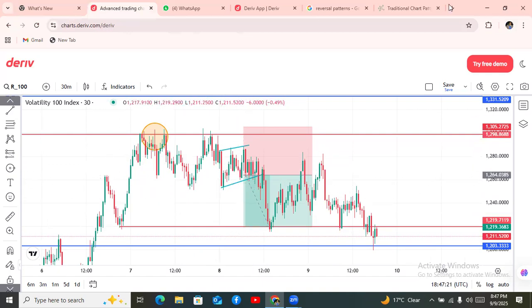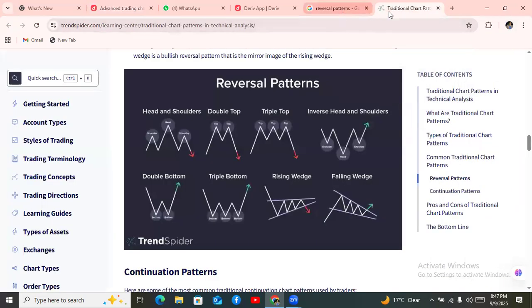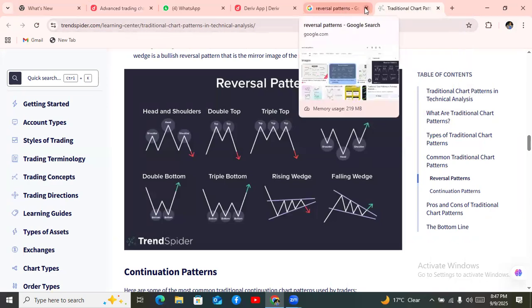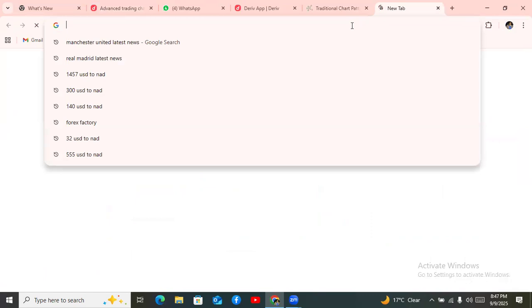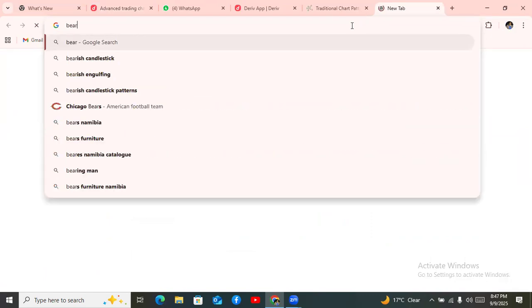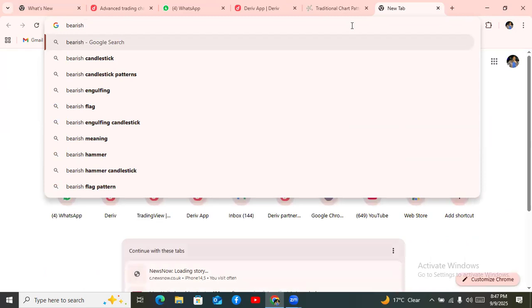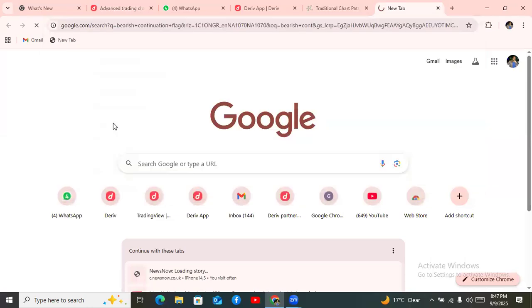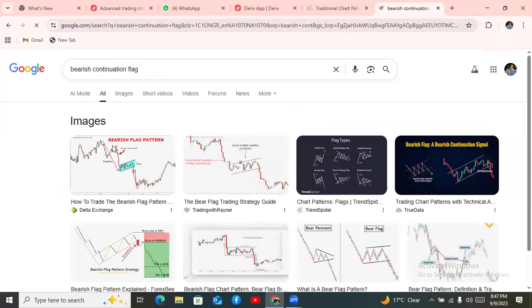A continuation flag. You don't need to memorize these things. You just need to ask Google bearish continuation pattern or continuation flag. You just need to check how it looks.